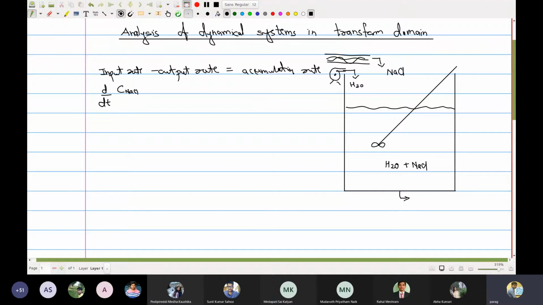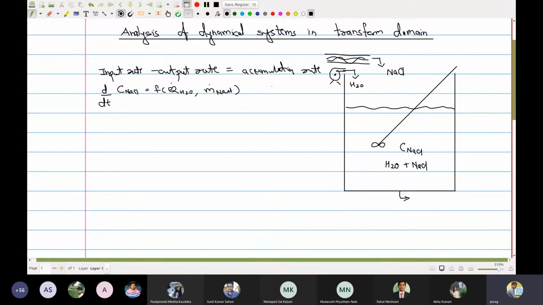This is what you want to find out: what would be the concentration of NaCl in the tank, and this will be a function of the volumetric flow rate, let me use the symbol Q, volumetric flow rate of H2O, and mass flow rate of NaCl, right?